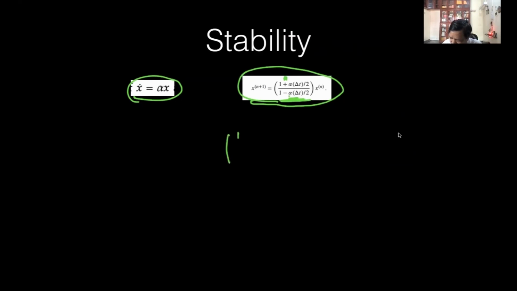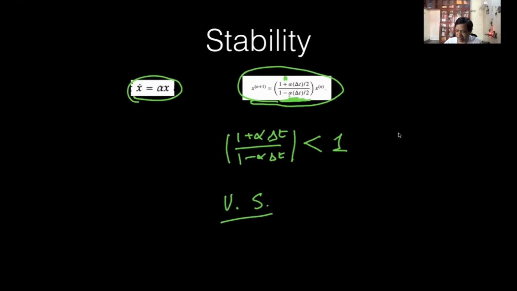So the whole thing, the prefactor, 1 plus alpha delta t divided by 1 minus alpha delta t, is less than 1. Okay, so xn plus 1 is decreasing for alpha negative, which it should. So it also works for complex alpha with the real part of alpha negative. So this is again unconditionally stable. Okay, so it's stable.